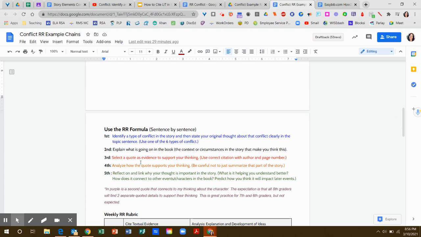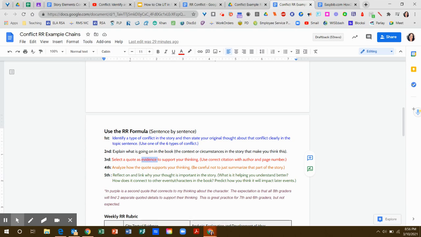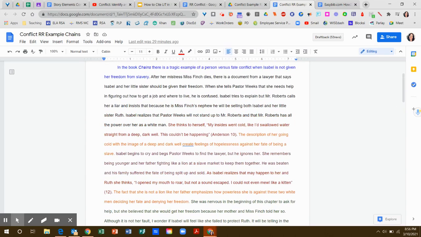So after I bring in my evidence in a quote, now I need to explain how that quote supports my thinking. And so I will come in here and say the description of her going cold with the image of a deep and dark well creates feelings of hopelessness against her fate of being a slave.